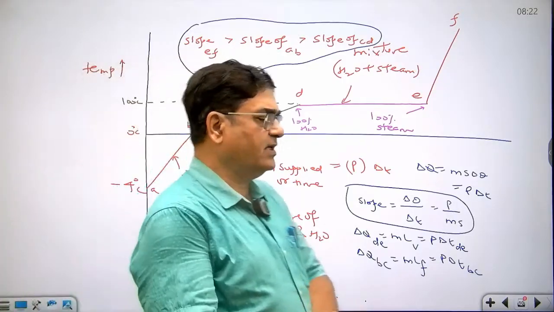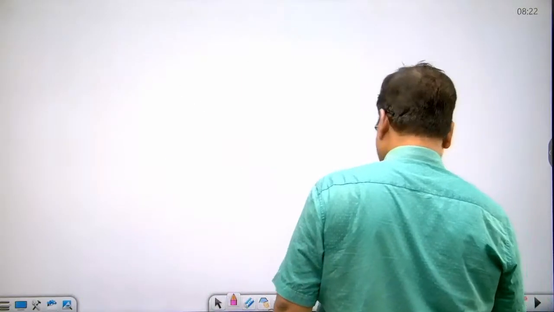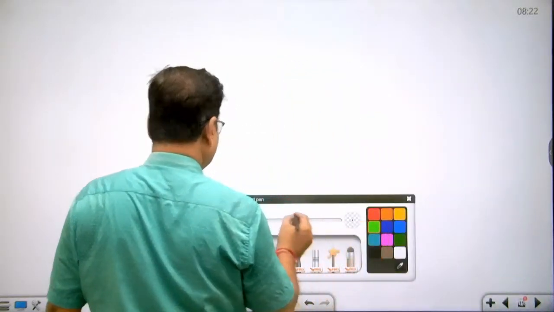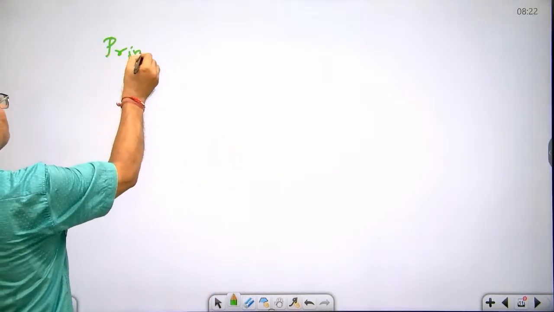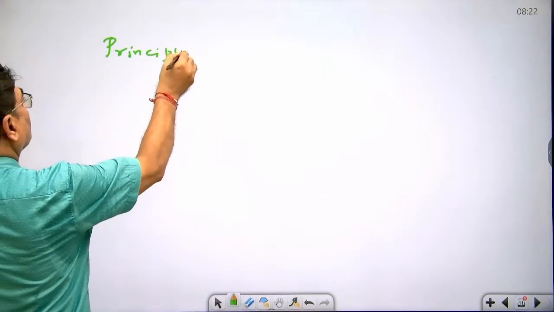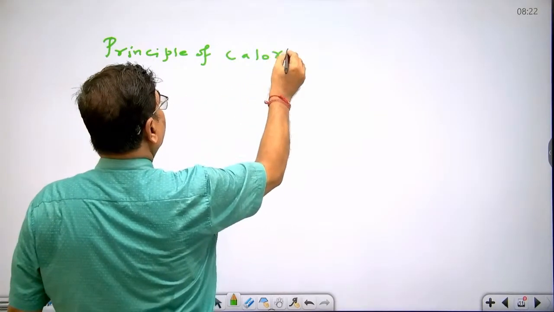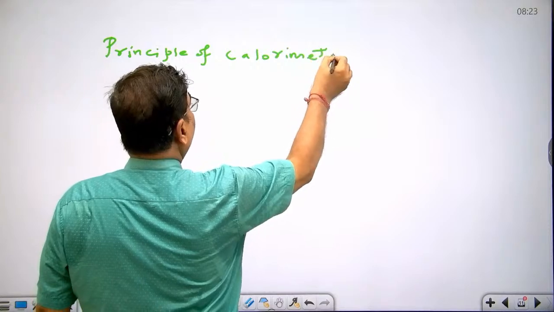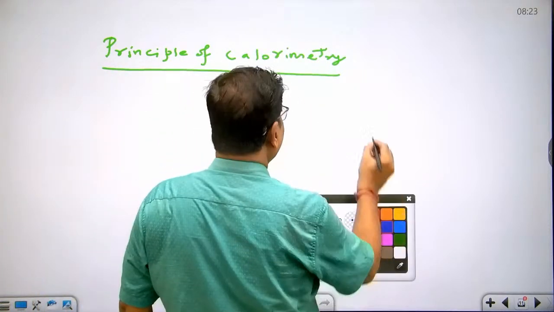And now dear students, I am telling you about the principle of calorimetry. Thus, in simplest words, we can write heat loss equal to heat gain.